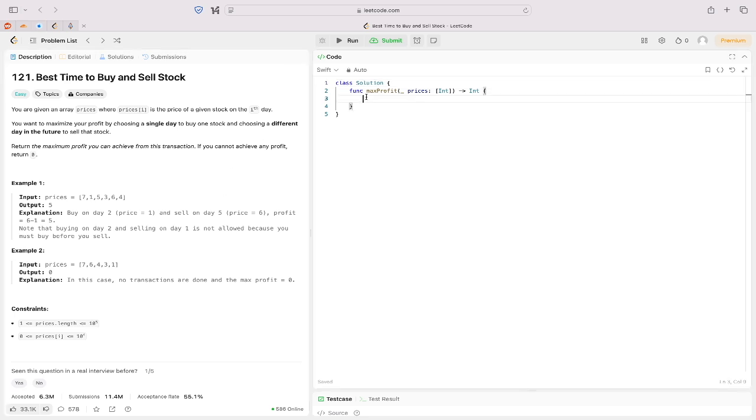Alright, so first things first, let us set our max profit, and this is what we're also going to return. So setting it to 0, because if we can't achieve any profit, we're going to return 0 too. So that takes care of that. So now we want to loop through our prices.